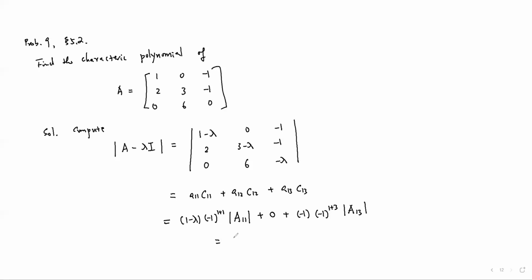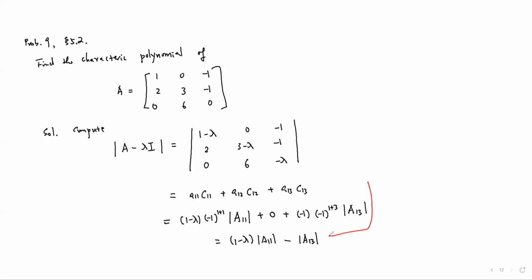Let me simplify first. Negative 1 to the second is positive 1, and negative 1 to the fourth is positive 1. There is a negative 1 in front, so minus A13.